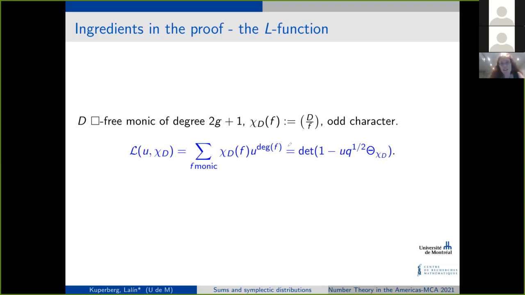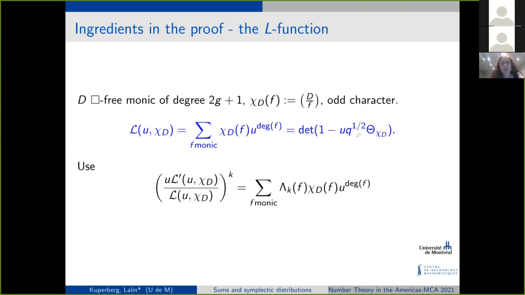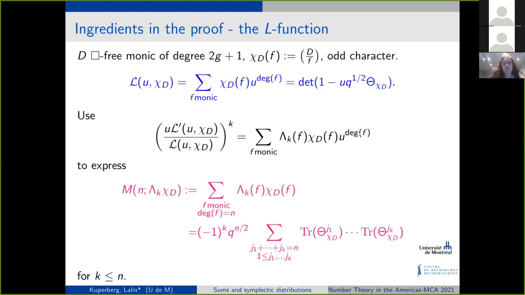The fact that the character is odd means that we just get the determinant and there are no extra factors. Then we can use the generating series to get a generating series involving the von Mangoldt convolution. And with that, we have a very nice expression of this sum.